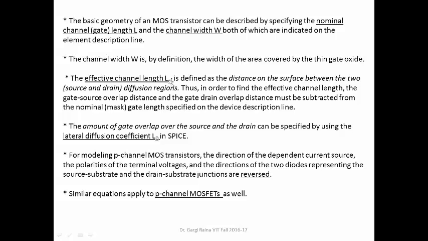The effective channel length LF is defined as the distance on the surface between the two diffusion regions, namely source and drain. So to find this effective channel length, the gate source overlap distance and the gate drain overlap distance are subtracted from the nominal gate length specified on the description line.